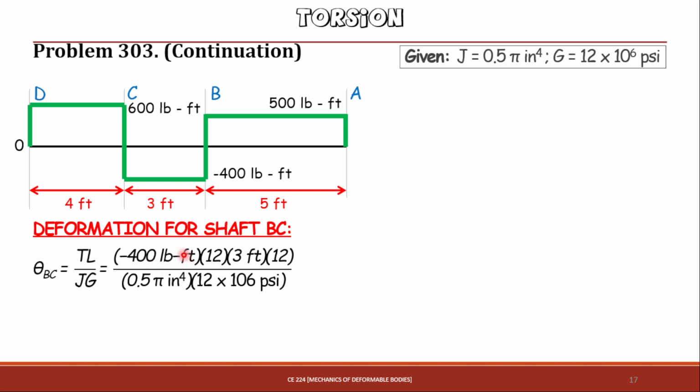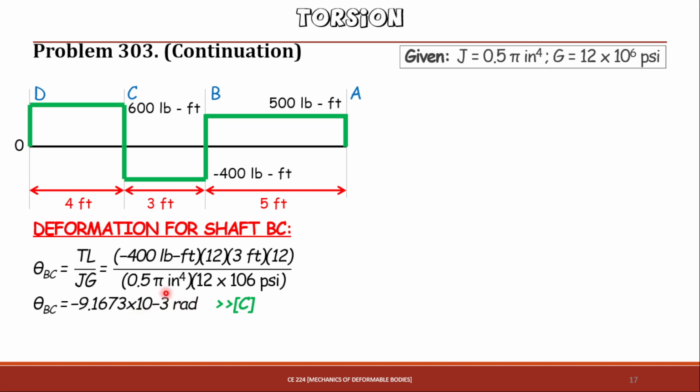And again, the foot should become inches for consistency in units, so I multiply by 12. And then the length of BC is 3 feet, which I also multiply by 12 to get inches. Okay. And same J, same G. We get an angle of twist of negative 9.1673 times 10 raised to negative 3 radians.